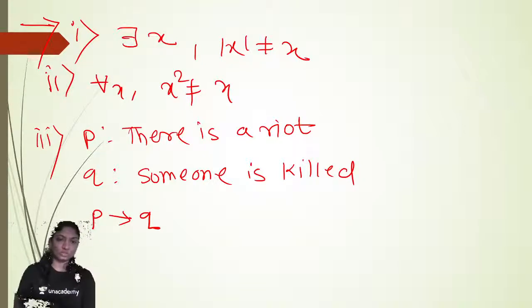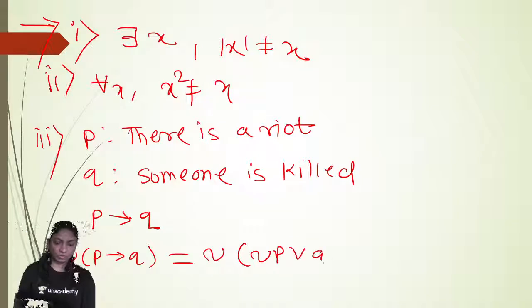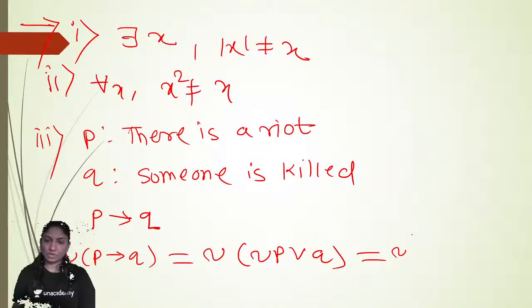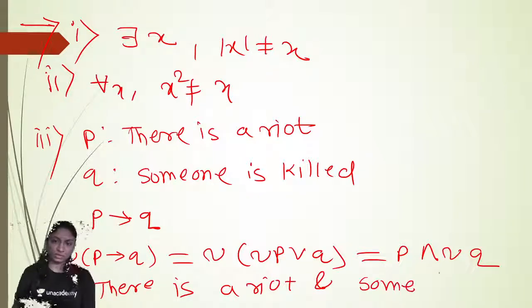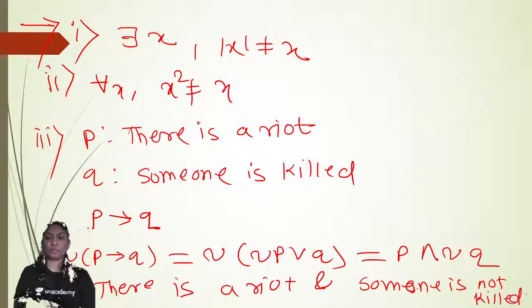Then the negation of P implies Q is equal to negation of not P or Q, which is P and not Q. It means there is a riot and someone is not killed. Right? This is your negation of the statement.